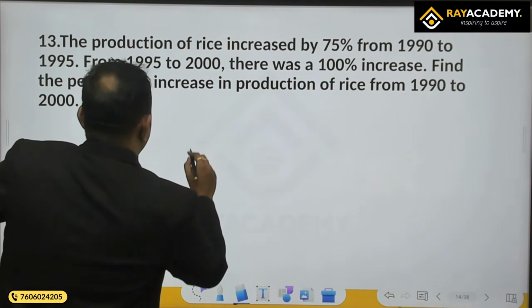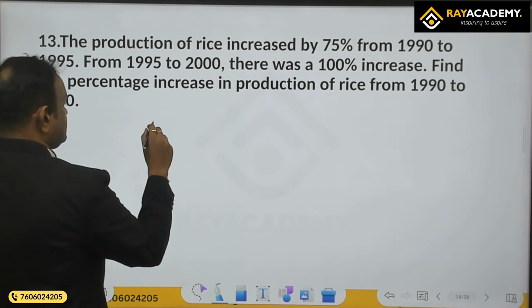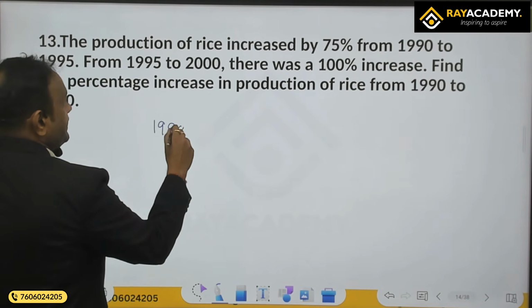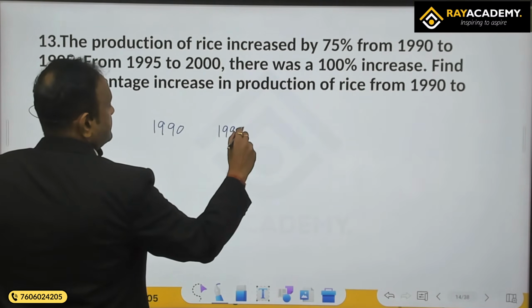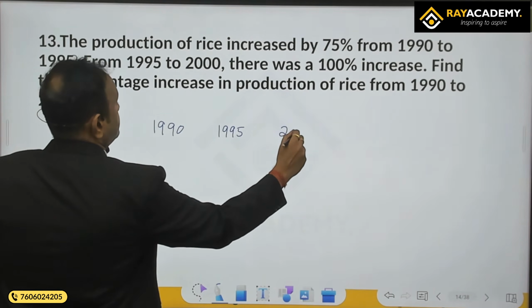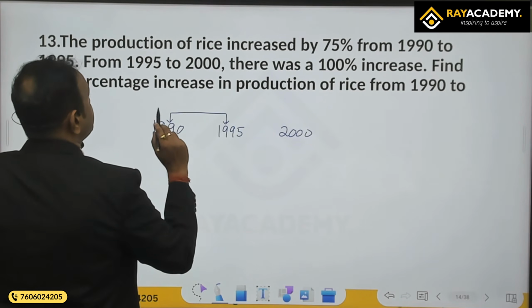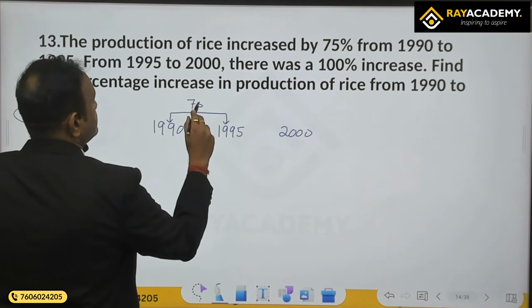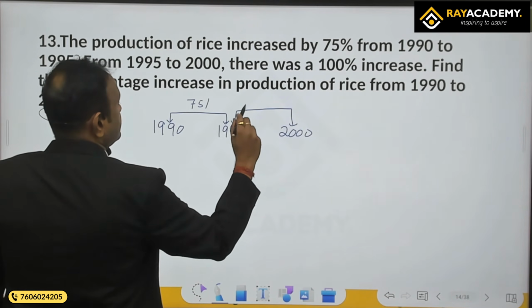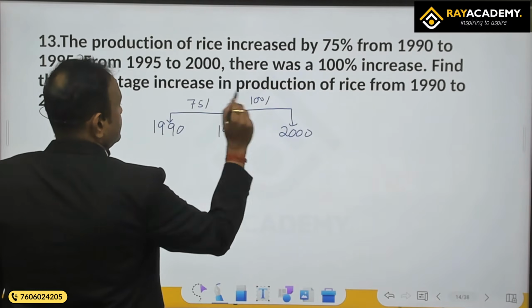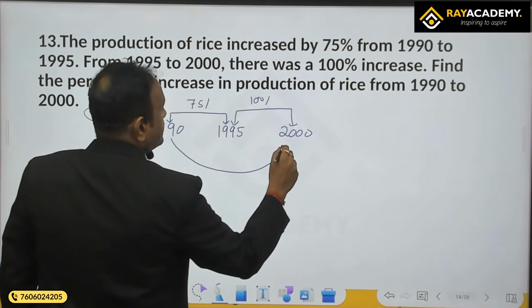First, let us write 1990, then 1995, then 2000. From 1990 to 1995 production increases by 75%. Then from 1995 to 2000 production increases by 100%.